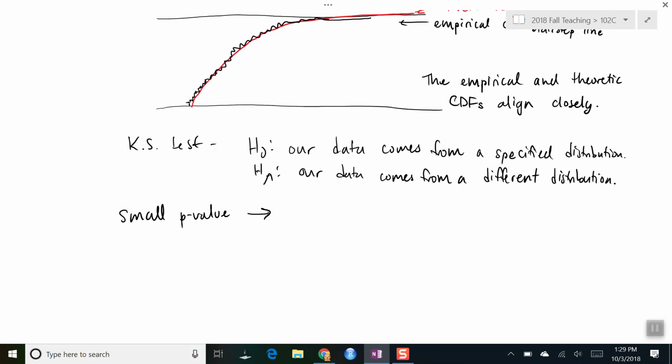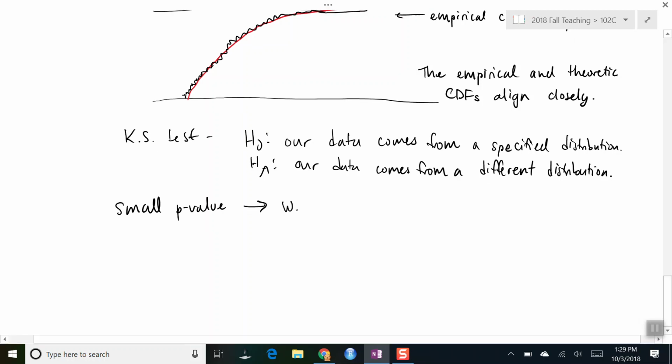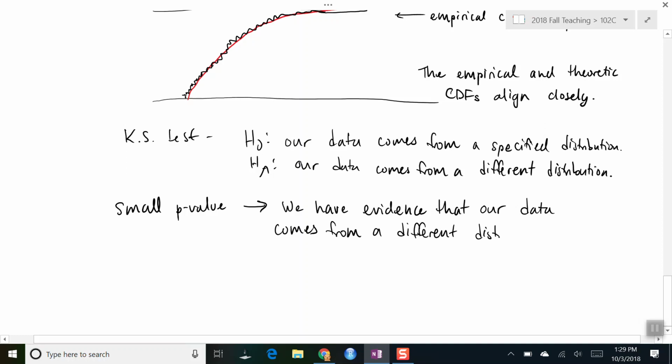Okay, so what would a small p-value indicate? What do you do when you have a small p-value? Reject the null, right? So we would say we have evidence that our data comes from a different distribution.